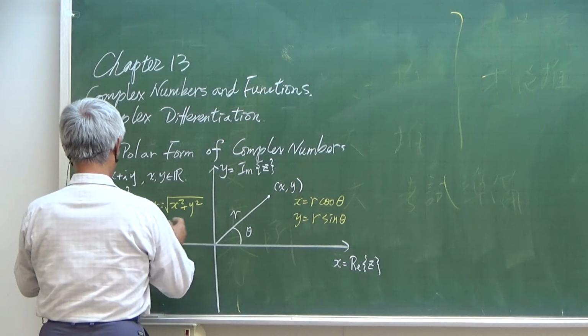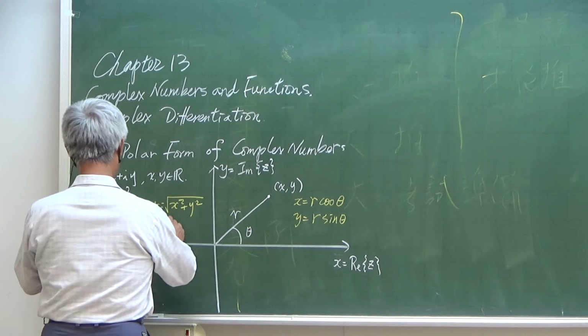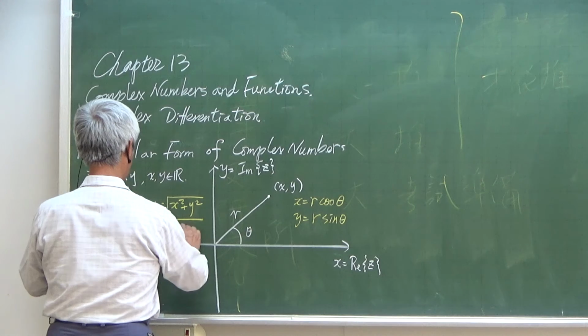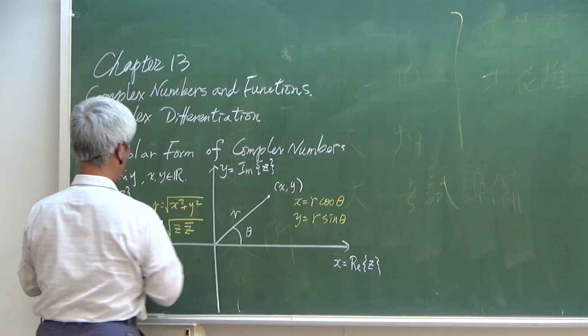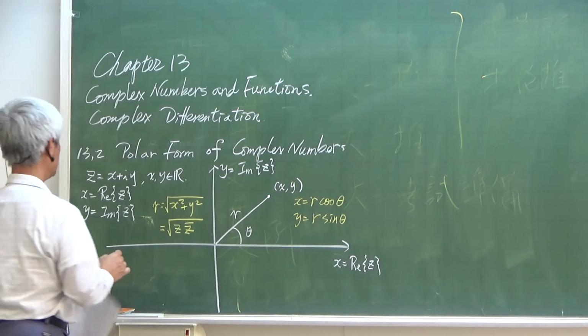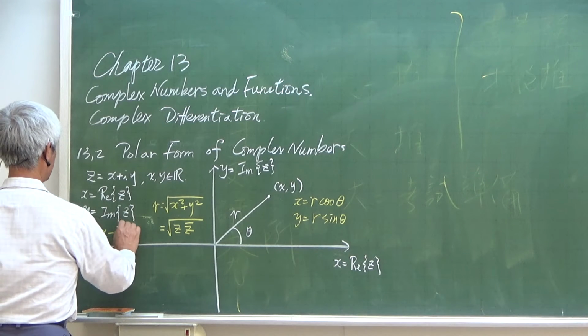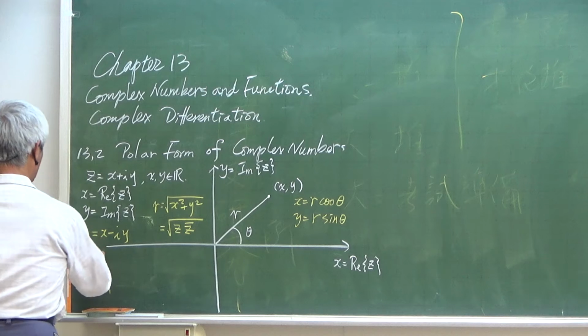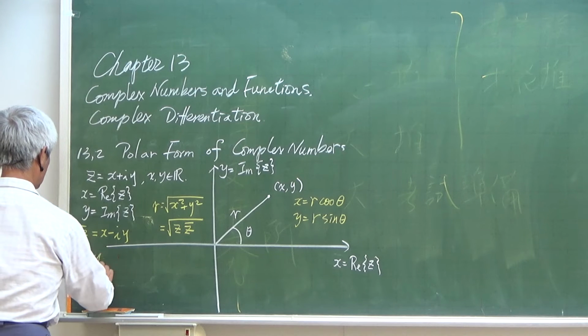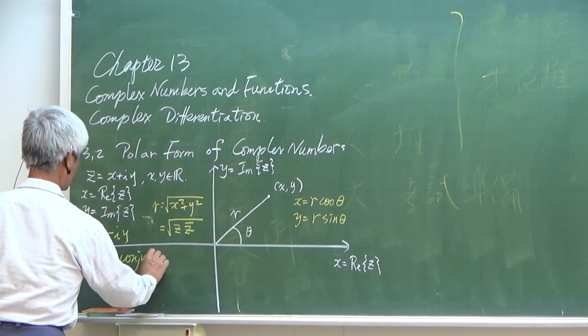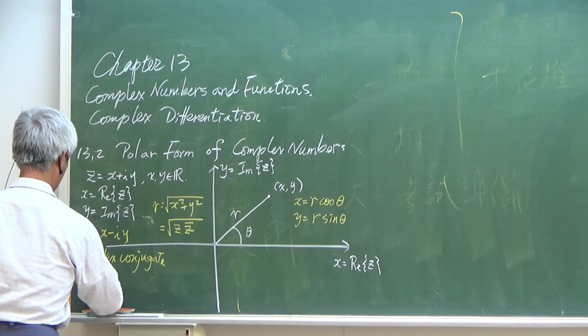Okay. All right. And we know that we can also write in this way. So we know z bar is the so-called complex conjugate of z. So this is called a complex conjugate of z.